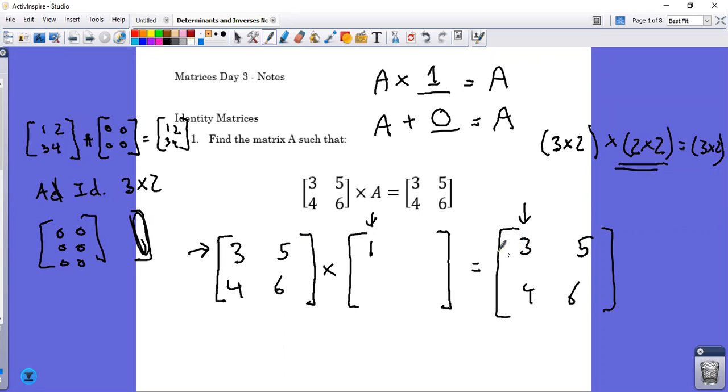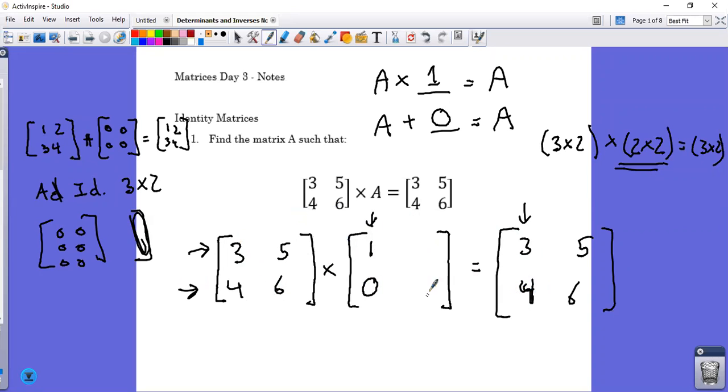And that's not what you want. You just want the 3. You don't want the 5. So you do a 1 and a 0. 3 times 1 plus 5 times 0, that gives you the 3. Would that also give us the 4? Well, if I do the second row times that column, 4 times 1 is 4, 6 times 0 is 0, and you'd get the 4.